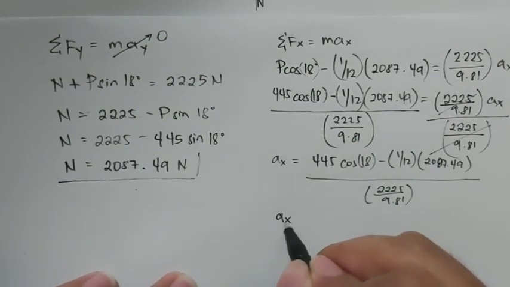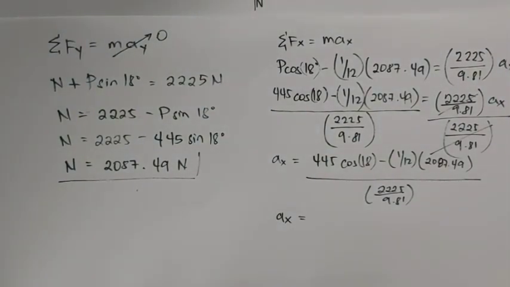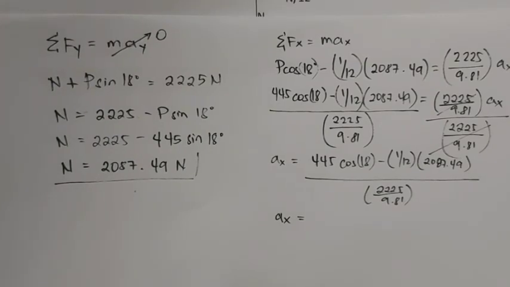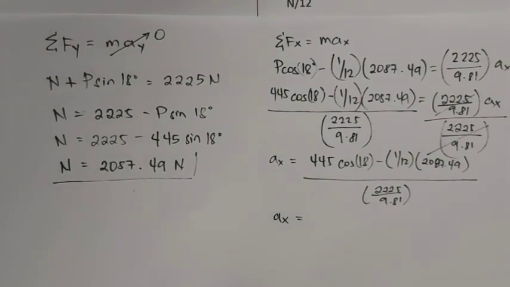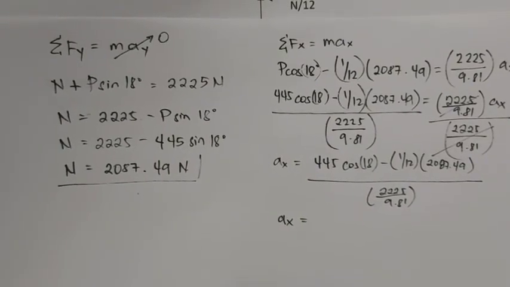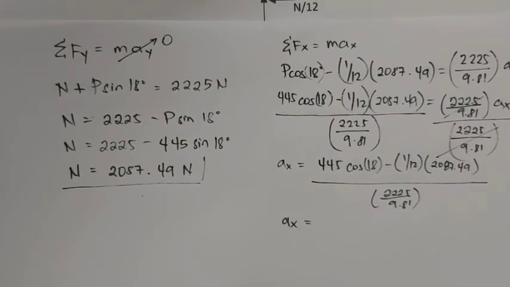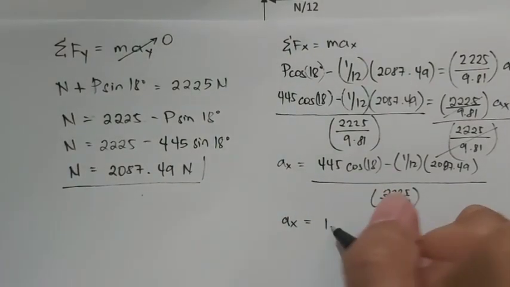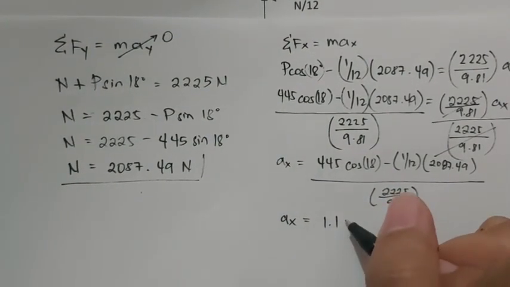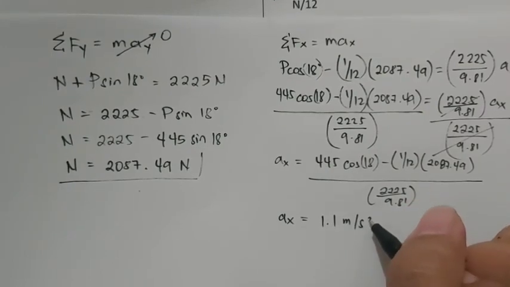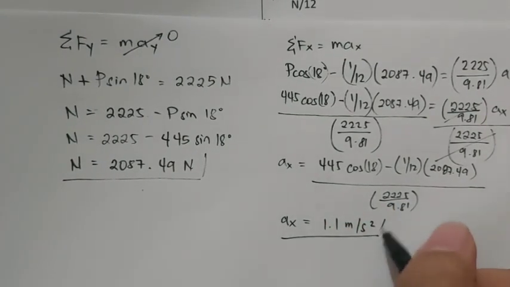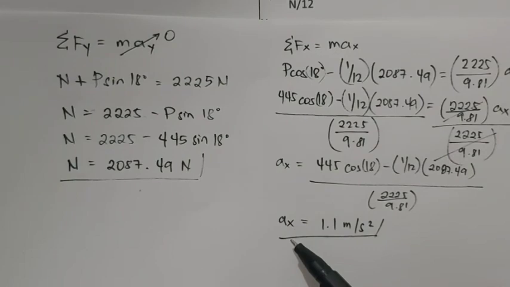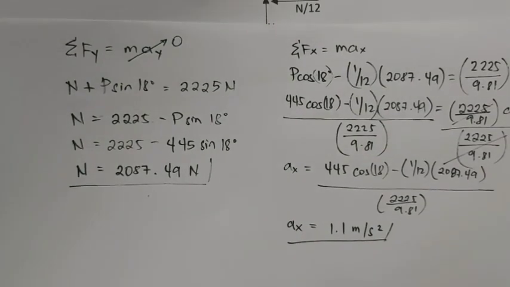Solving this in the calculator, you can get that the acceleration is 1.1 meter per second squared. So we have the acceleration along our a sub x.